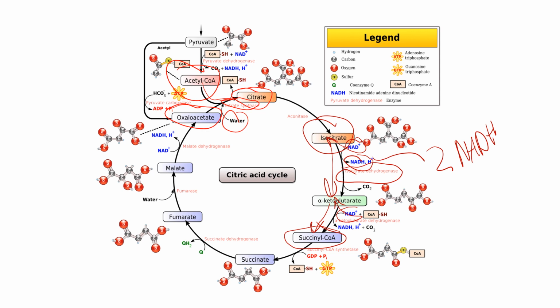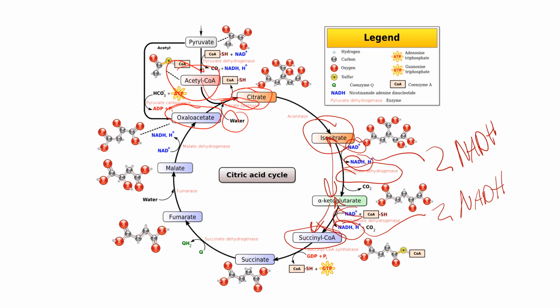If NAD steals some hydrogens off of alpha-ketoglutarate, it becomes, of course, NADH. This happens 2 times because we get 2 rounds of this cycle. So we've just gained another 2 NADH molecules.